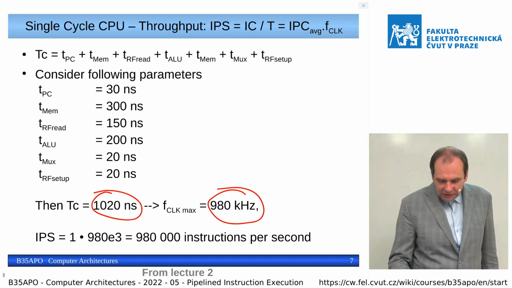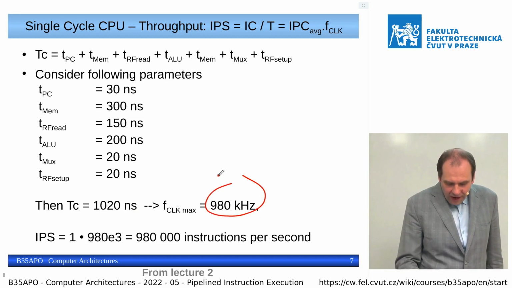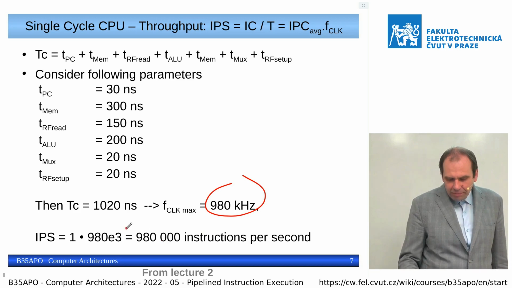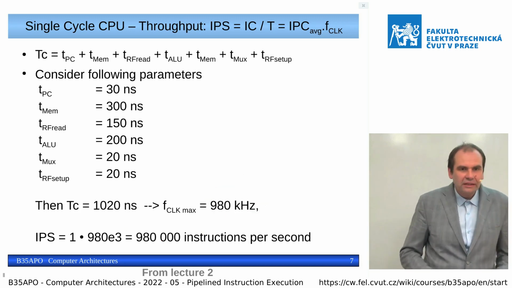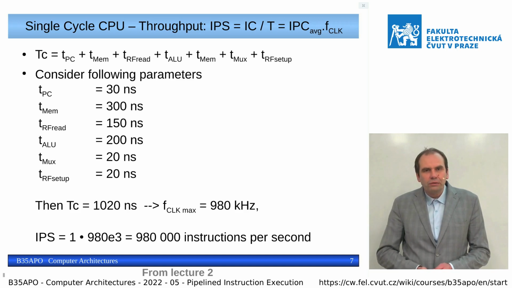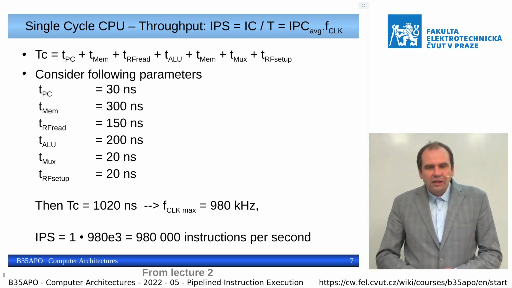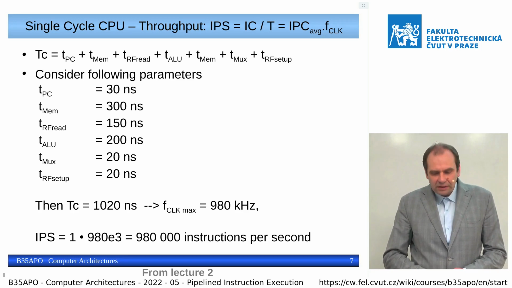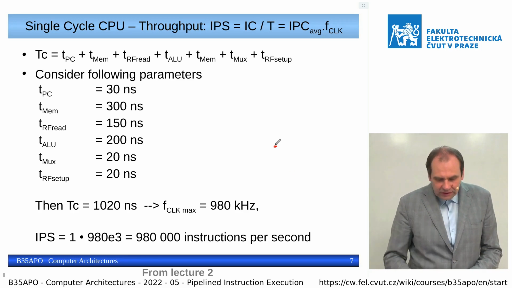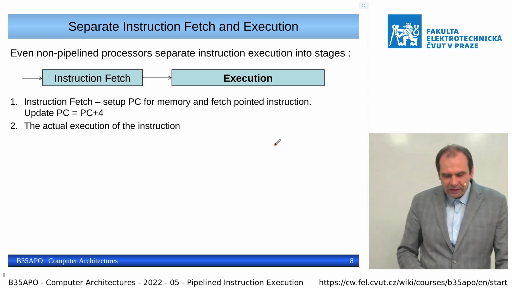So this means that at most 1 million instructions can be executed per second. And it is relatively slow, because you want to execute something like 3 million instructions per second or something like that. So it seems that this design has a significant problem.